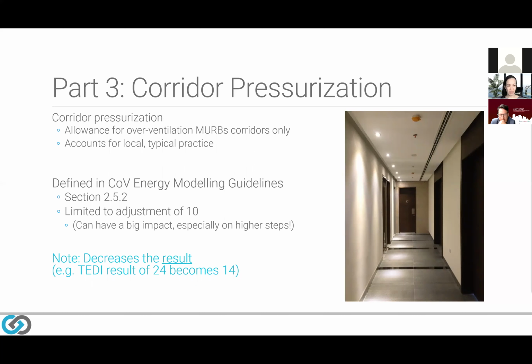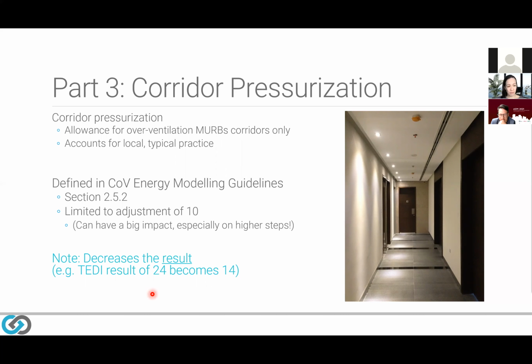That's all defined in the Vancouver Energy Modeling Guidelines. I've noted the section number there. But it limits the adjustment to a value of 10 kilowatt hours per meter square per year. So when we're talking about higher steps, TEDI of step 4, the requirement is 15.